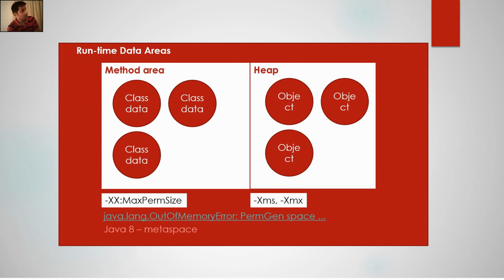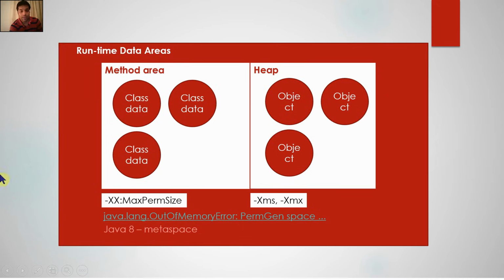So the permgen space is otherwise known as the method area. And by default, 64 MB is allocated for the method area or permgen. So this can be tuned.